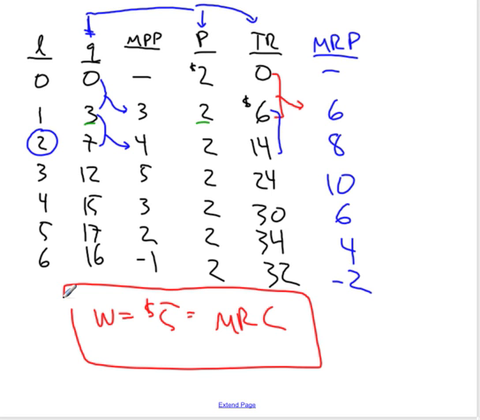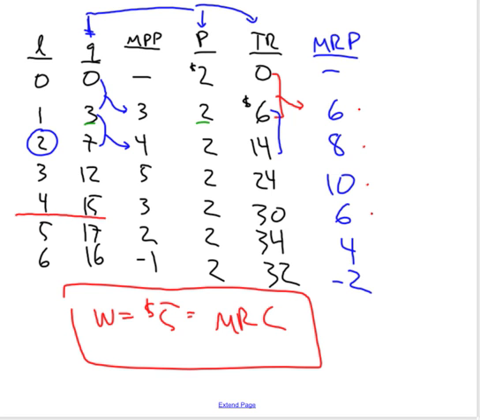Well, should it hire the first guy? Yes, because the first guy raises revenue by $6 but only costs $5. The second worker raises revenue by $8, only raises costs by $5. The third worker raises revenue by 10, raises costs by 5. The fourth worker raises revenue by 6 and costs 5, but that's the last one worth hiring.